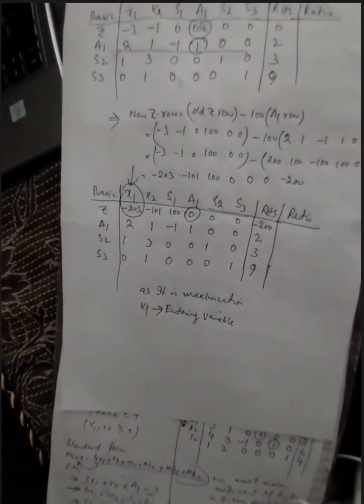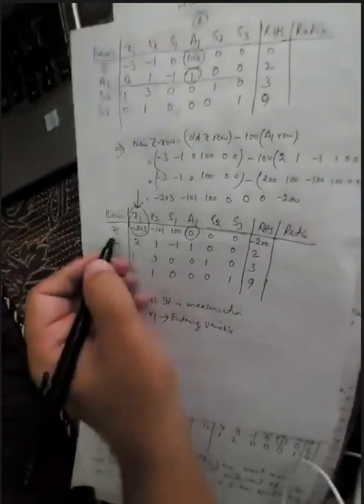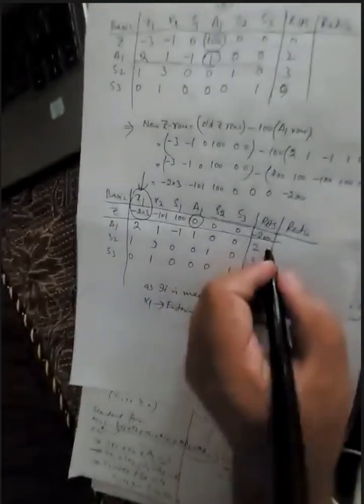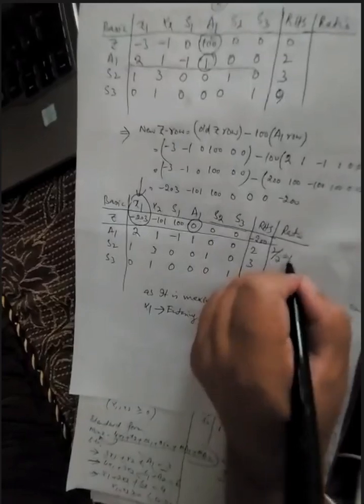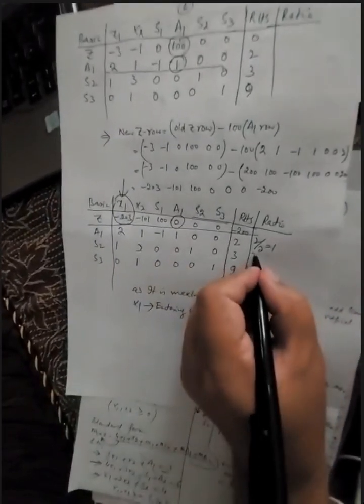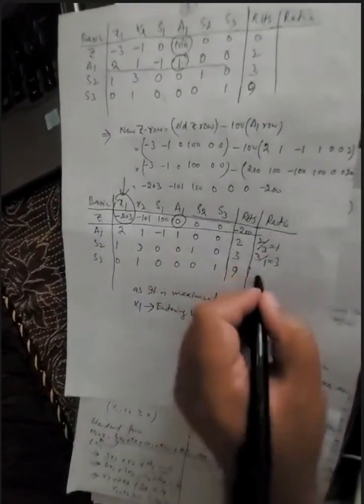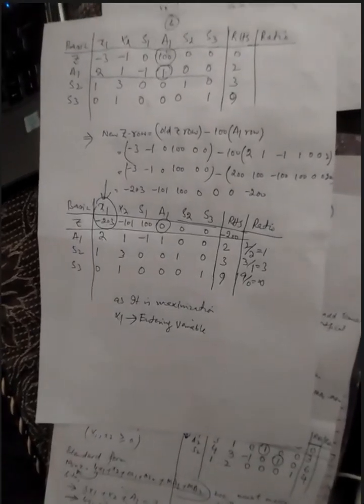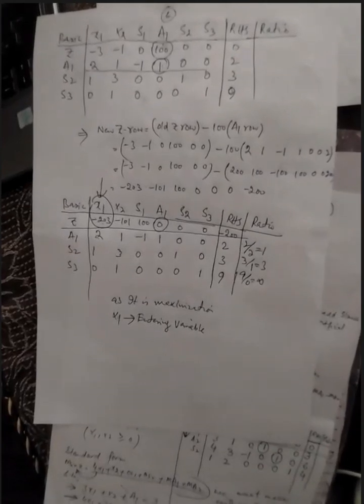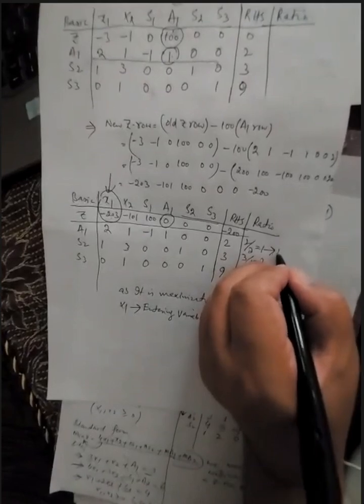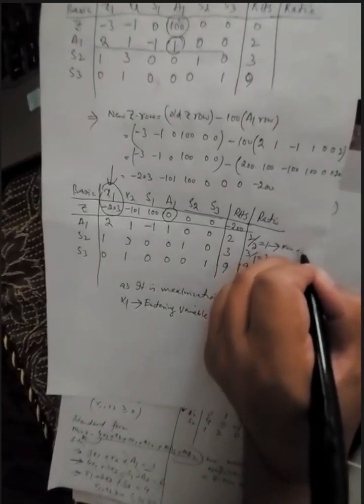Now, for the leaving variable, we need to find the ratios. Here we get 2 divided by 2 equal to 1, 3 divided by 1 is equal to 3, and 9 divided by 0 is equal to infinity. So you must ignore zeros, negatives, and infinities. And the least positive is this one, minimum positive.